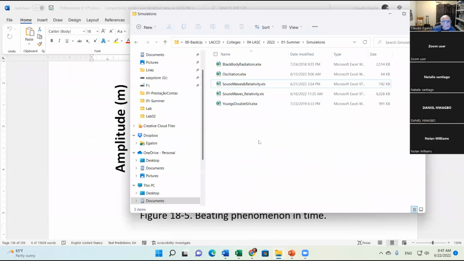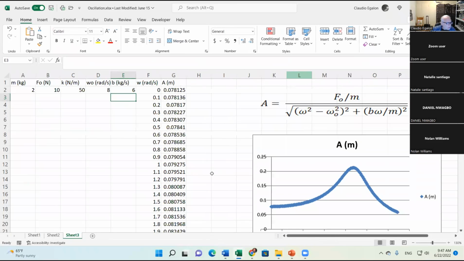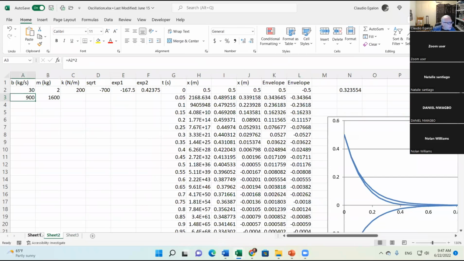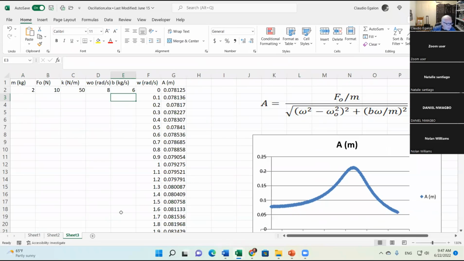Let me see if I can find it. Young double slit oscillation, maybe it's here. No, it's not here. Well, if I were to plot that graph for you, I have to go from scratch. I don't want to do that, okay? But that's what this phenomenon is all about.